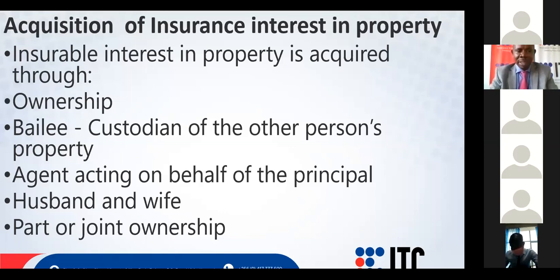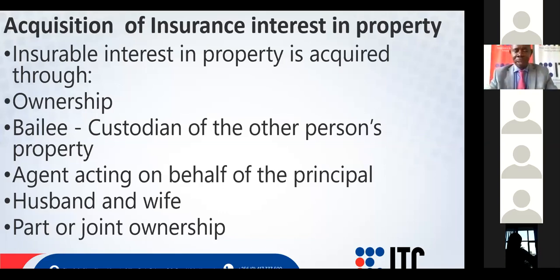Then the second is a bailee, somebody who has goods as a custodian or is taking charge of property. Here you may not have the financial attachment in that property. However, when you are defining insurable interest, we say its existence or non-existence will prejudice you. So if you're a bailee or a custodian and the property is lost, you stand to be accountable for this property. So at that point, since you are becoming accountable, you can have insurable interest.